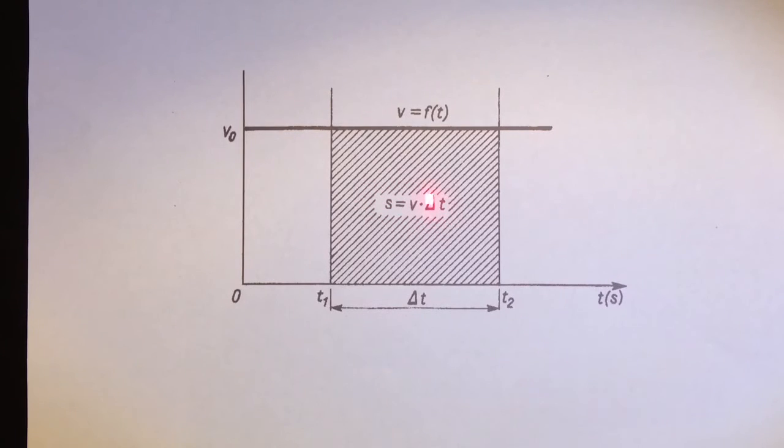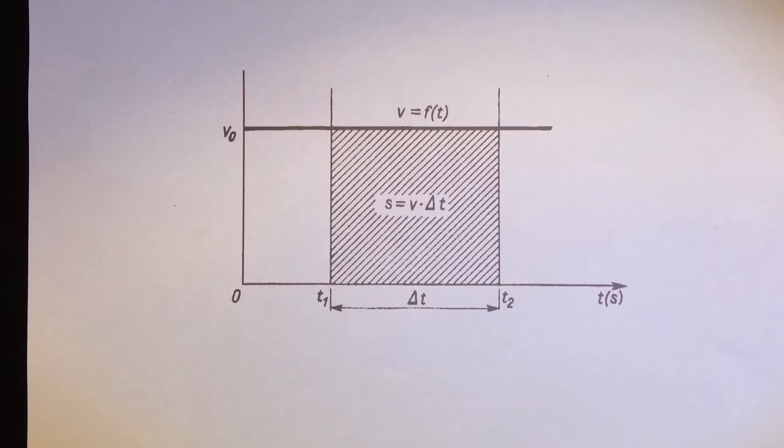Simultaneously, if we have such a formula, again, we have to do with a function. If a function, then we can draw or plot a graph. For example, velocity as a function of time.